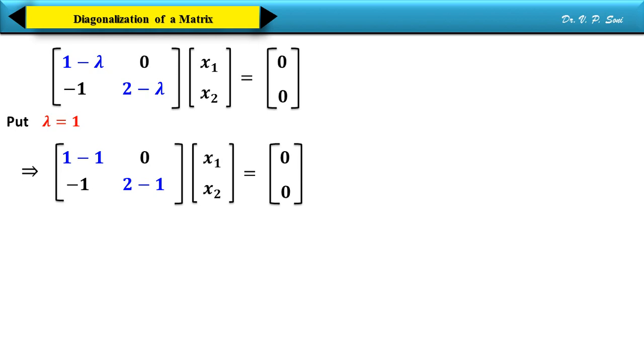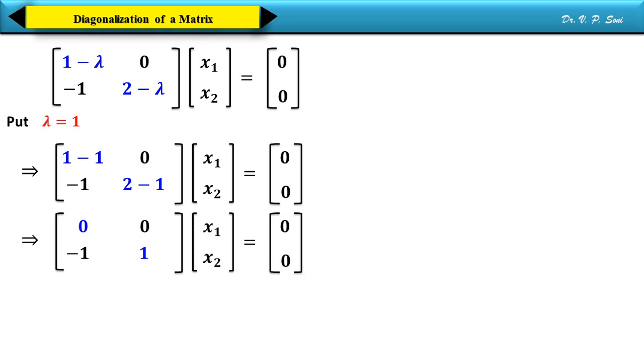This implies the matrix with first row (0, 0), second row (−1, 1), times [x1, x2] equals [0, 0]. Now multiply the two matrices, then we get −x1 + x2 = 0. Therefore x1 = x2.